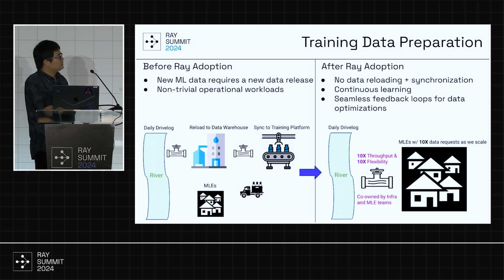We don't need to reload data to a warehouse or another storage, and there's no synchronization to our training platform. We can support continuous learning. Moreover, we have incorporated this data processing part into our optimization feedback loop along with training and eval. I'll explain it later.